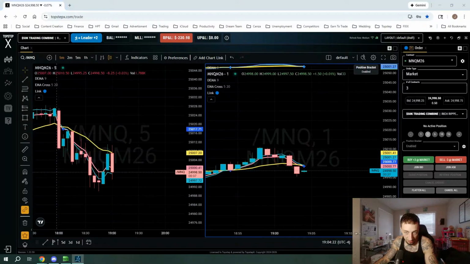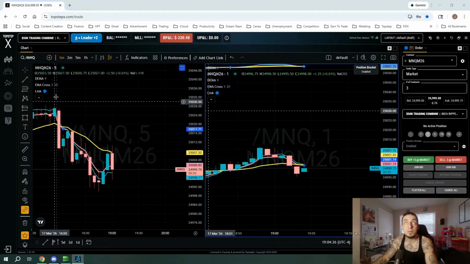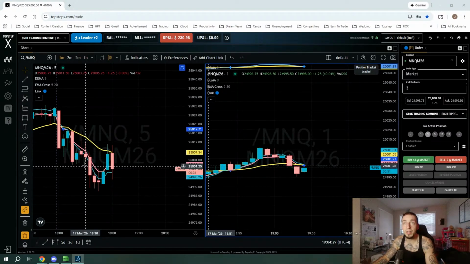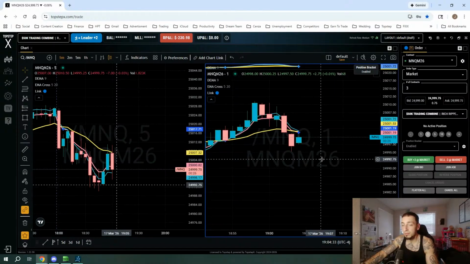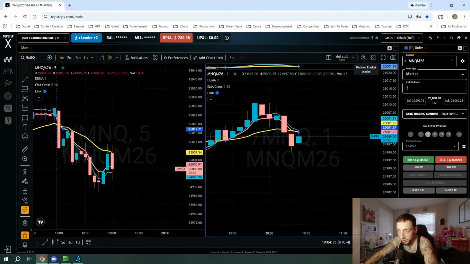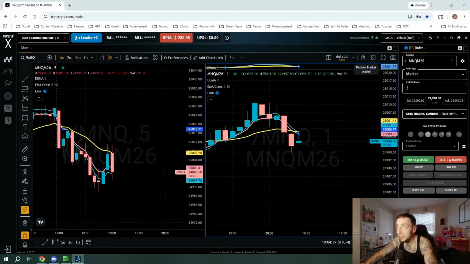5-minute trend is not terrible. Here's the 5-minute trend. All right, right into 2,500. Don't rush it. Stay patient. See them sellers? They're trying.